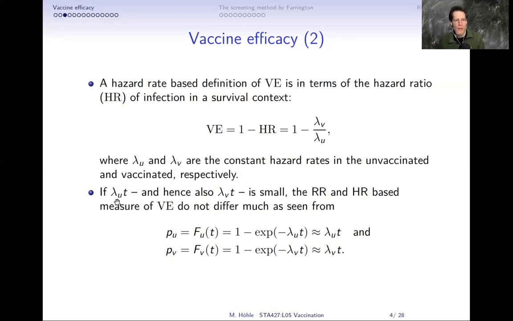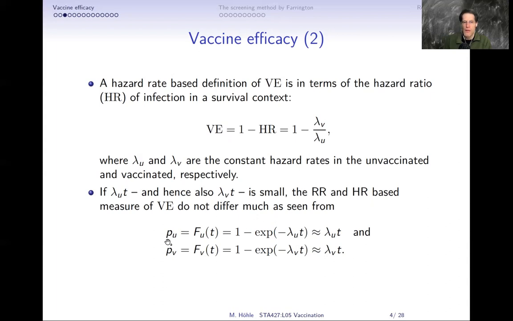So if lambda U, the hazard rate for a short interval in time, so lambda U times T, is small, and also if lambda V times T is small, then there's a very close analogy between the risk ratio and the hazard ratio.